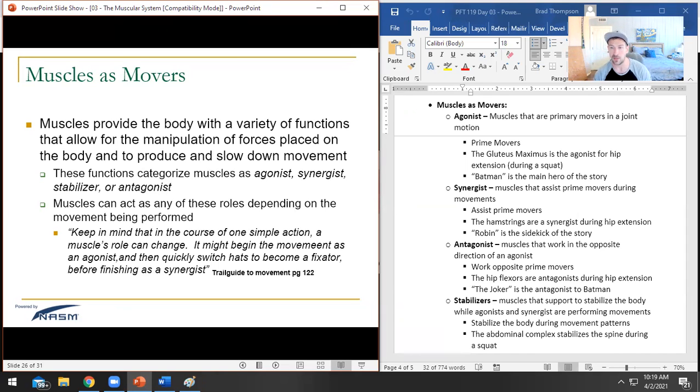Here's what's fun about muscles. Weird fun fact: muscles can only pull. Based on all the anatomy that we just talked about, the only thing your muscle can do is pull and then relax back to length. It cannot actively push in the opposite direction.